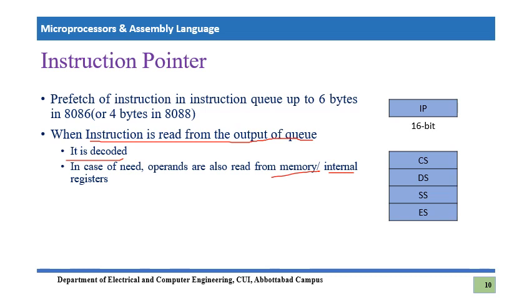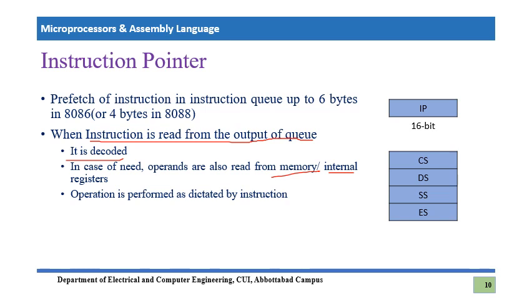For example, we come to know that we have to add 2 numbers, and those 2 numbers are stored somewhere in the memory. So we may need some memory access, or maybe those operands are stored in internal registers such as A, B, C in the data register. So those values may be needed.